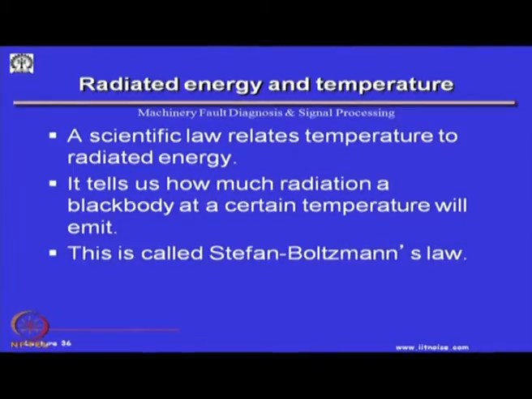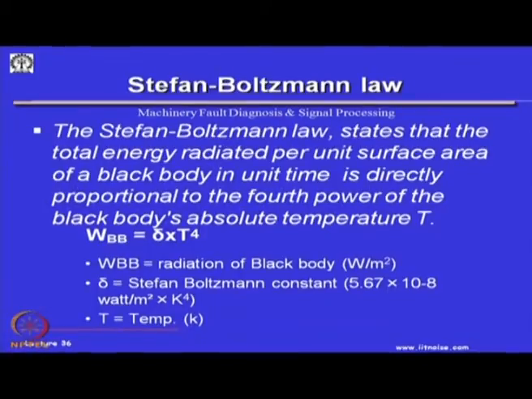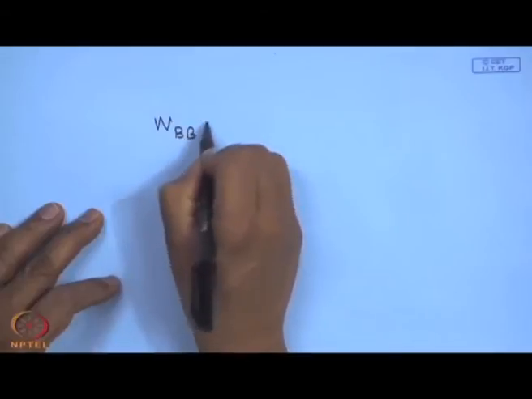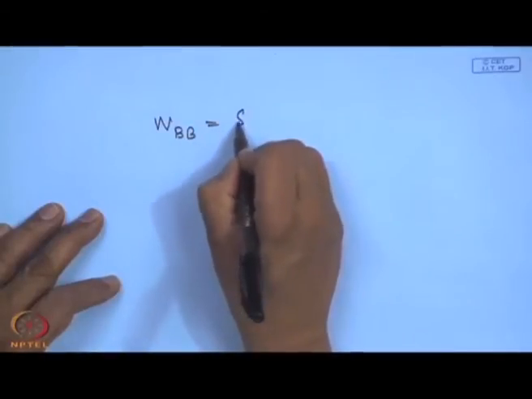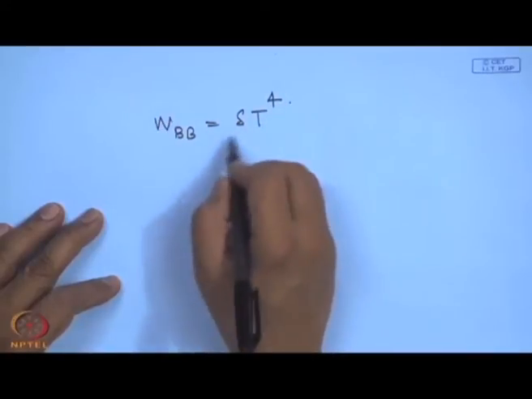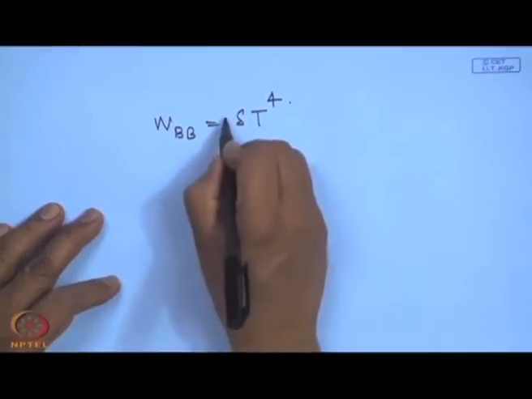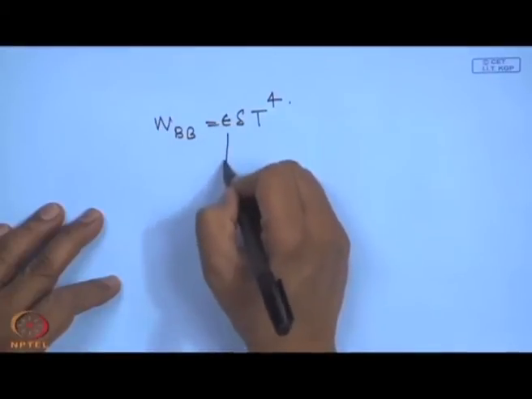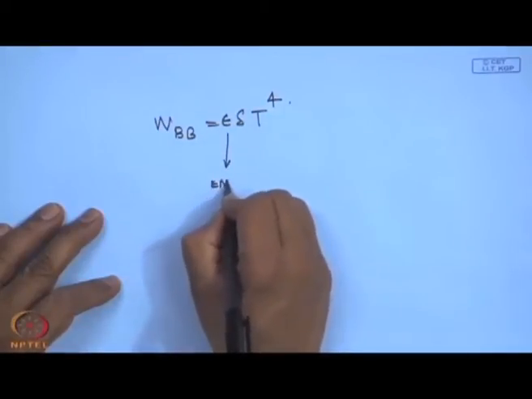Based on the Stefan-Boltzmann law, the amount of energy which is emitted can be estimated, and for a perfect black body, the energy given out is given by this expression, where I will give an expression here, this is known as the emissivity.